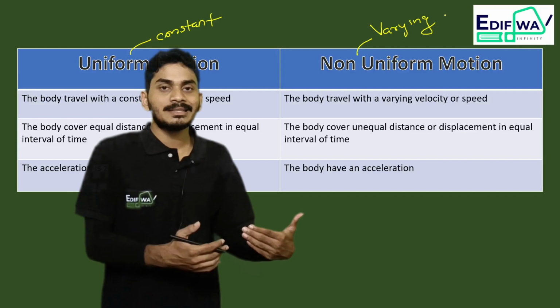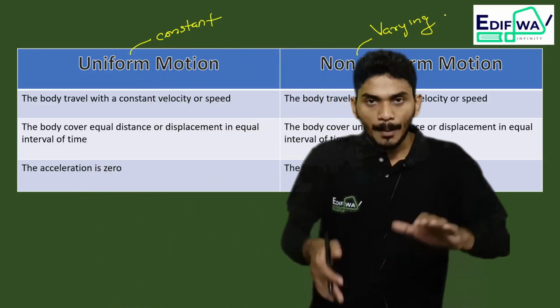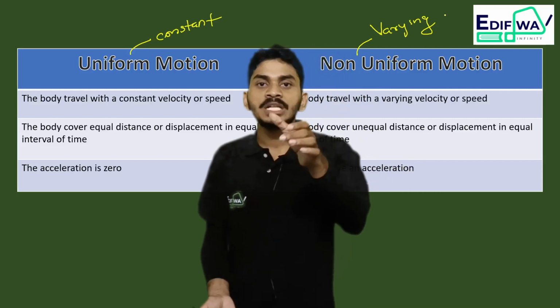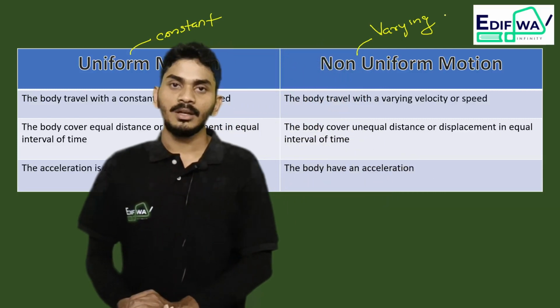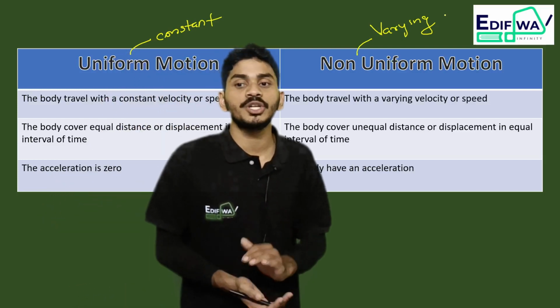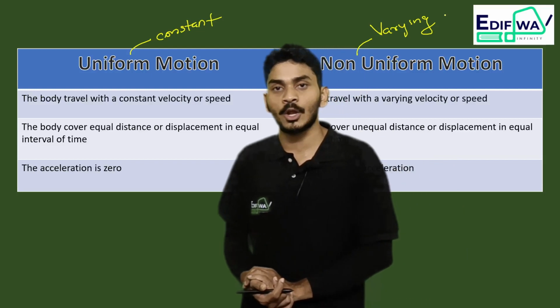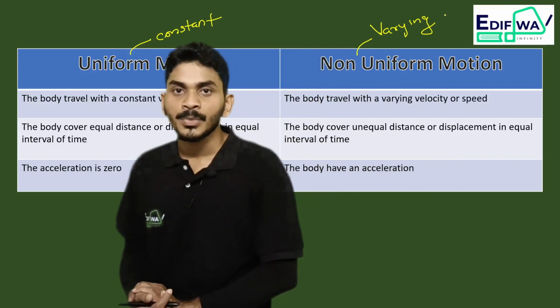Now let's say what is meant by uniform motion. Uniform motion means a body is moving with a constant velocity or speed, as we are considering straight line motion. And non-uniform motion means the body travels with a varying speed or velocity.